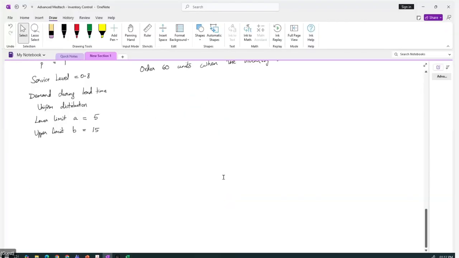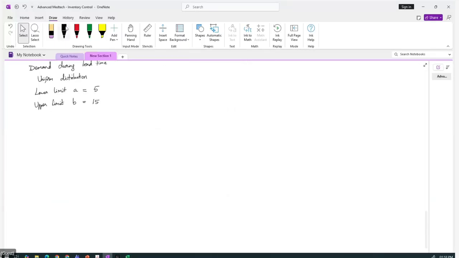What does stockout mean? No, we don't have any stock. We don't have any stock basically, right? So here, to answer this, let's first find the average number of orders per year. What will it be?